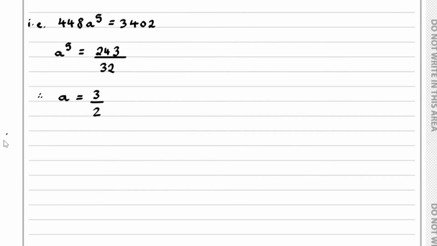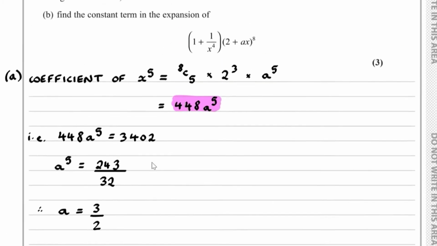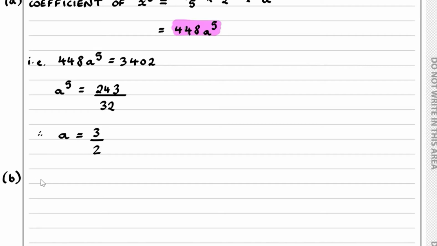So, for part B, we have (1 plus 1 over x) to the 4 multiplied by (2 plus 3x over 2) to the power of 8.